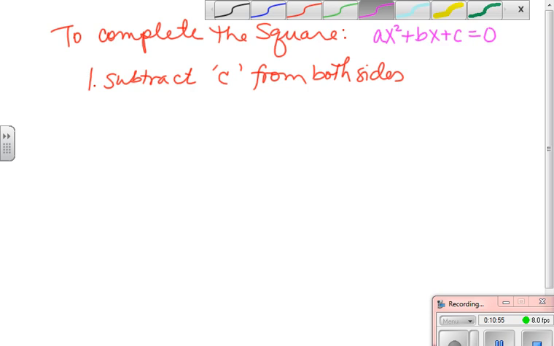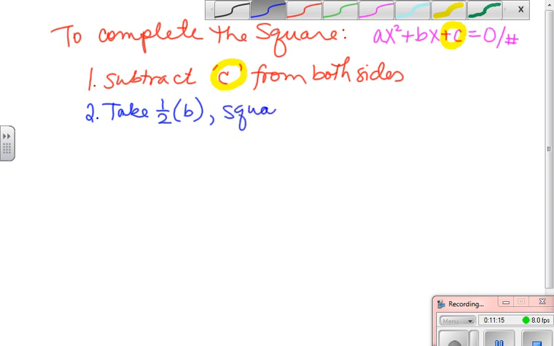Or it might be some number over here. It doesn't matter. So the first step is to subtract c from both sides. Second step, take 1/2 times the b value, leave the variable off, square it, add it to both sides.